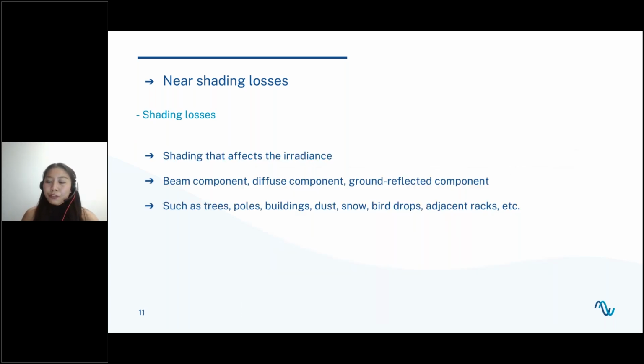Now, this influences all components of the sunlight or irradiation, from beam to diffuse to the reflected components. And the effects are coming from the near shading objects we have mentioned earlier, such as trees, buildings, and adjacent tracks, etc. This shading not only affects the near shading on global, but also the electrical behaviors from modules to systems, and forms another source of loss, array shading.